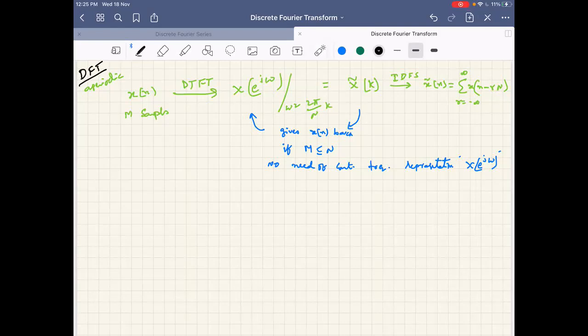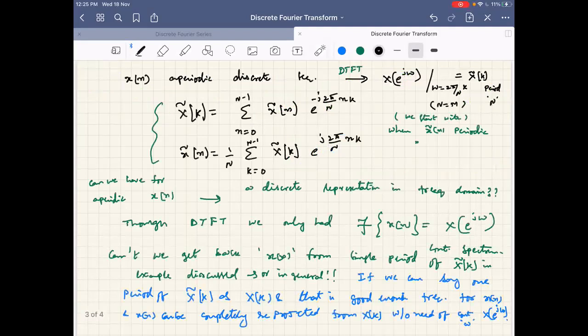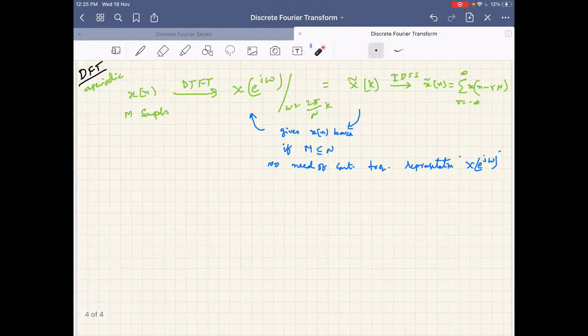So now let us write. If we now consider only one period of it, the same set of equations which we have here are also valid, because you get back this x of n. So now, just replacing the x of e power j omega here with x of k, we can write the same set of equations.